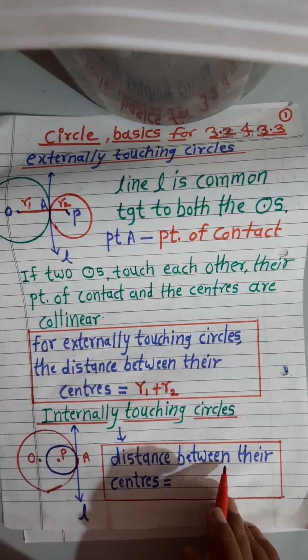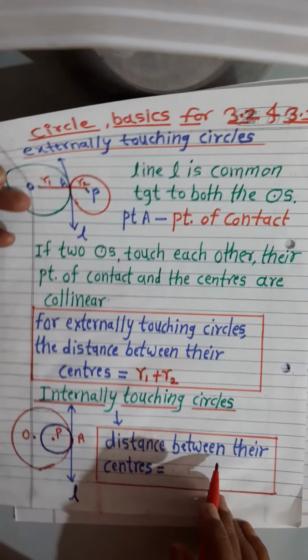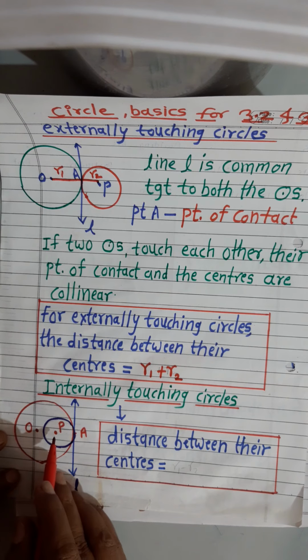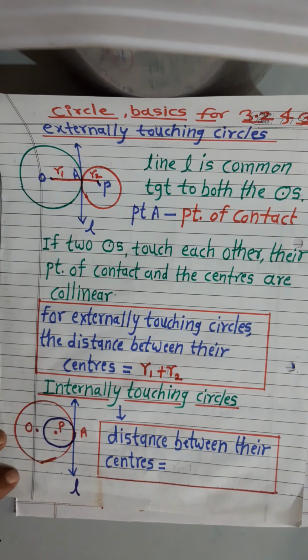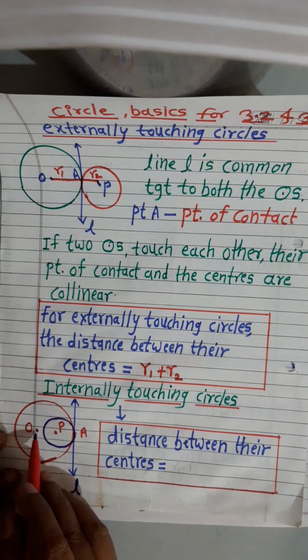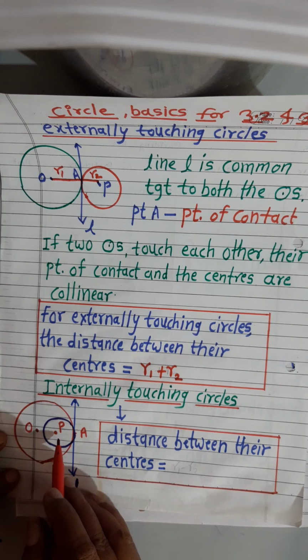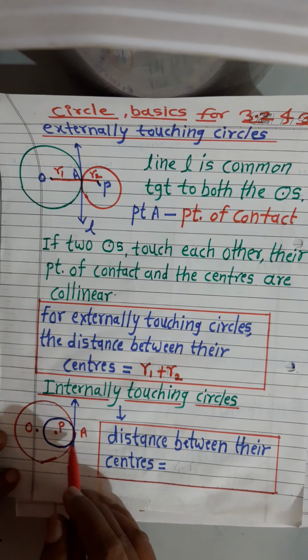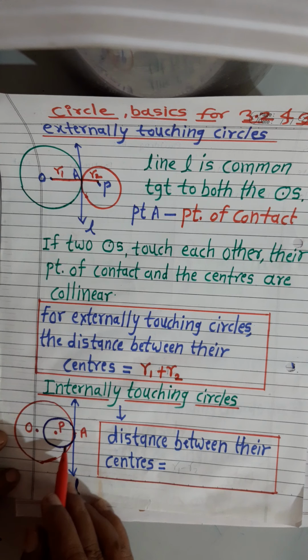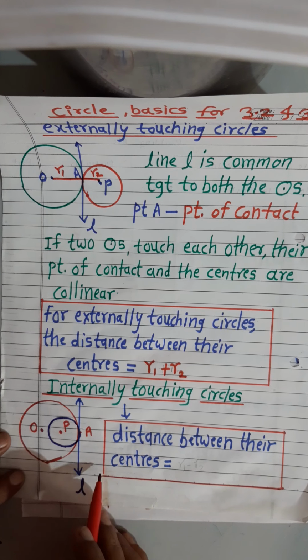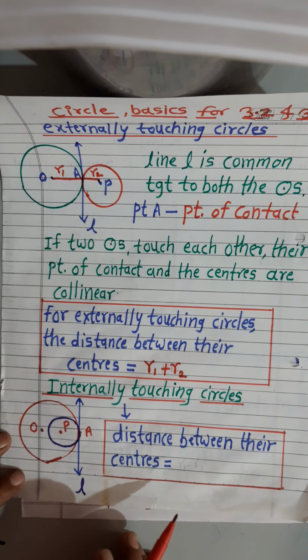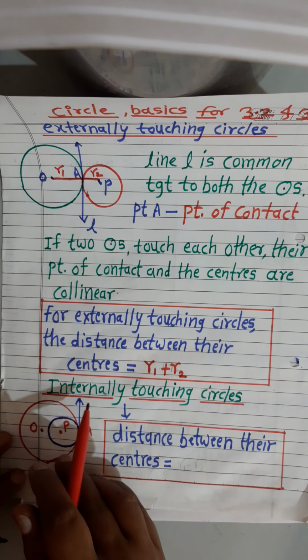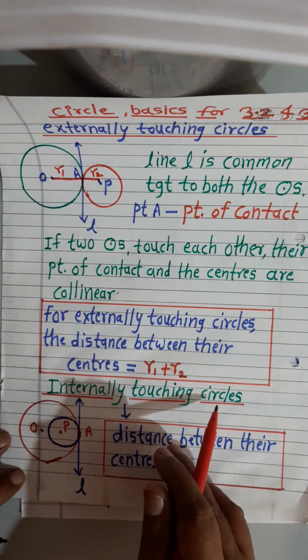See here, these are again two circles. Circle P with center P is a smaller circle, and the circle having center O is a bigger circle. The smaller circle touches the bigger circle internally. Therefore, these are called internally touching circles.